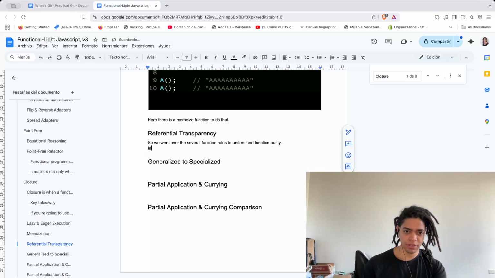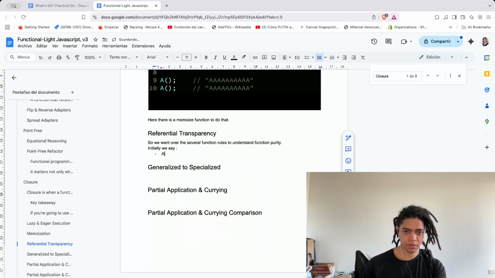Initially we said, hey, a function must return something. Great, but not good enough.